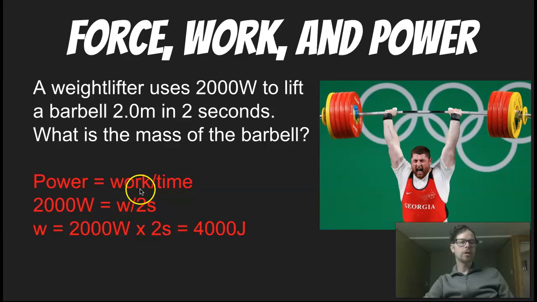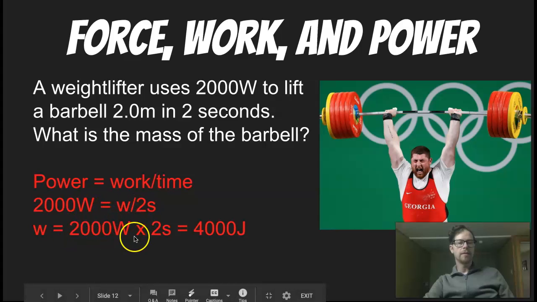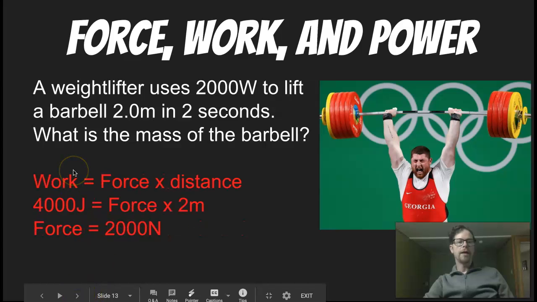If power is work divided by time, then 2,000 watts of power is that work divided by 2 seconds. So we multiply both sides by 2 seconds, and the work becomes 2,000 times 2, or 4,000 joules. So the lift was 4,000 joules of work. Now, let's try to get the force out of it. Work is force times distance.